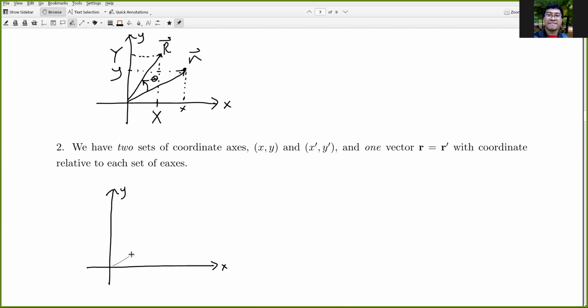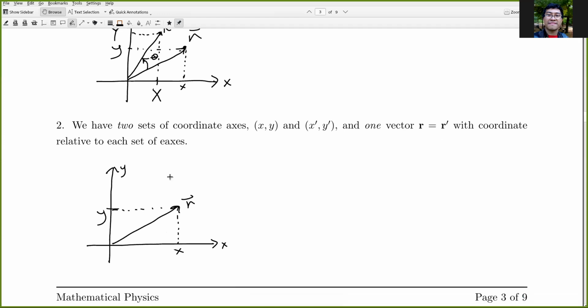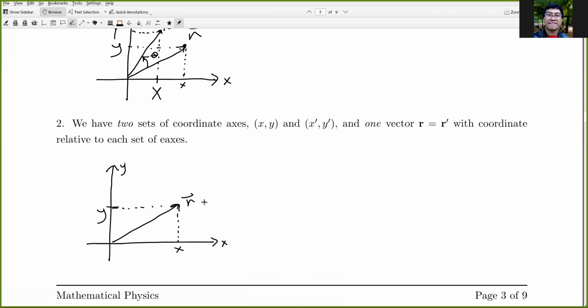This is our R, and the coordinates are x and y. But instead of rotating the vector R, we can keep R fixed. We map the points, or this could be any point, into another point in the plane.